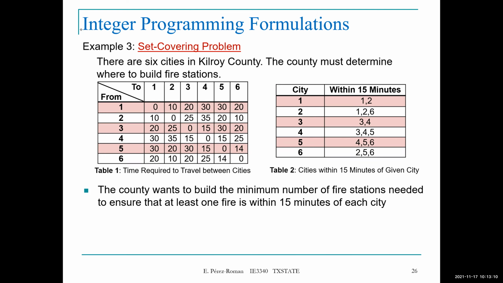We have taken this information and found that if you place it in 1, you can only reach 1 and 2 in 15 minutes. If you place it in 2, you can only reach 1, 2, and 6 within 15 minutes. If you place it in 3, you can only reach 2, 3, and 4 in less than 15 minutes, and so on.